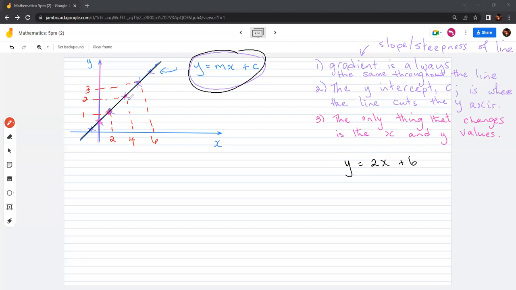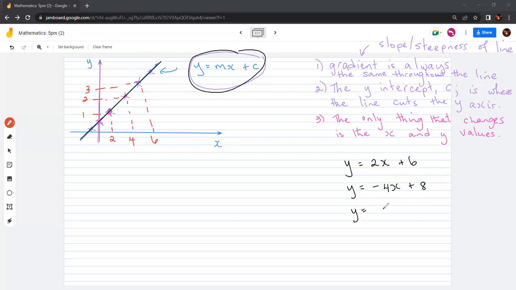That can be a possible equation of this line. You can also have the possibility where you have a negative gradient. So these are all equations of the line.